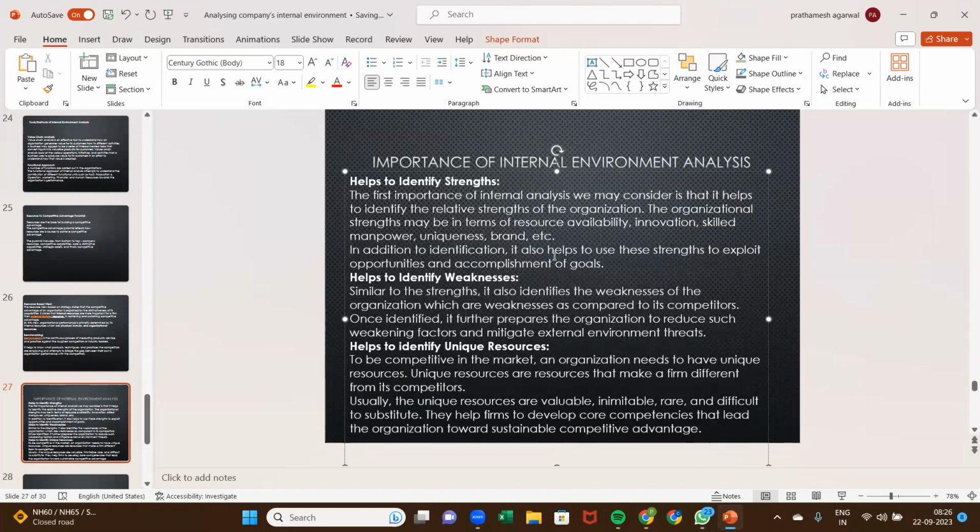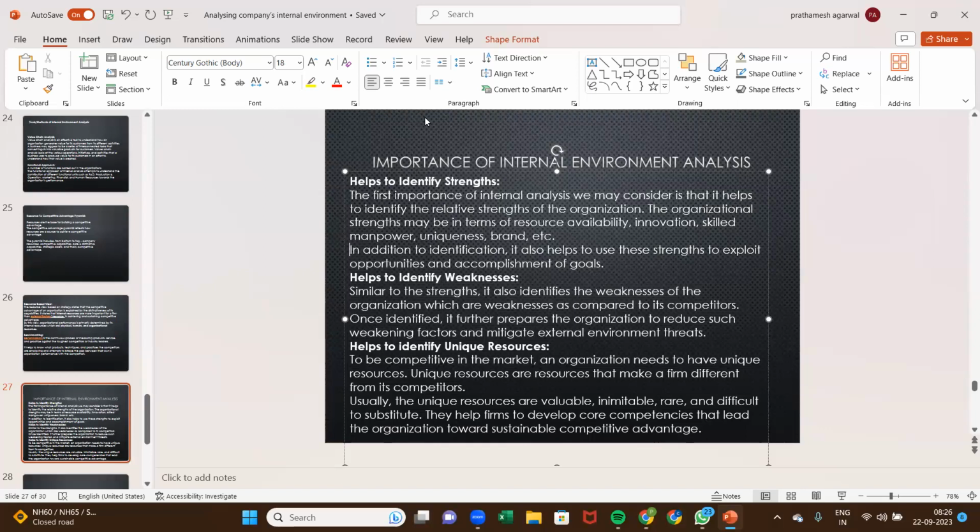In addition to the identification, it also helps to use the strengths to exploit opportunities and accomplish goals. Then it helps to identify weaknesses. Similar to the strengths, it also identifies the weaknesses of the organization as compared to its competitors.